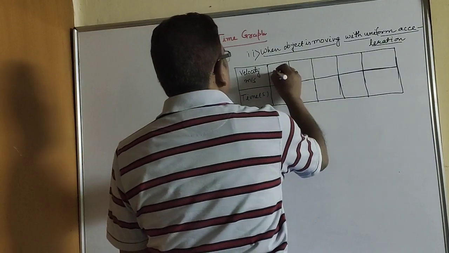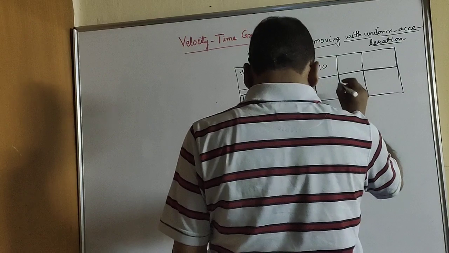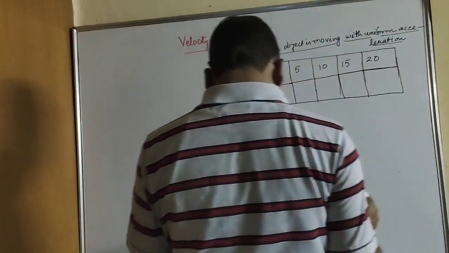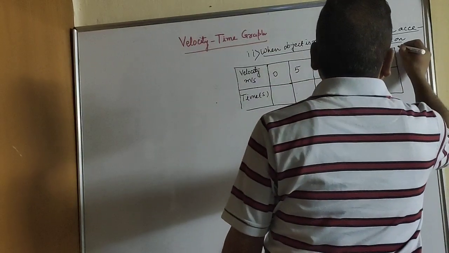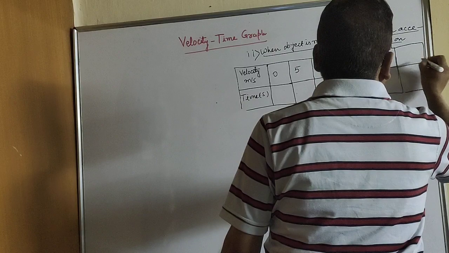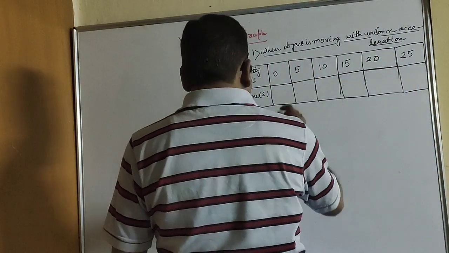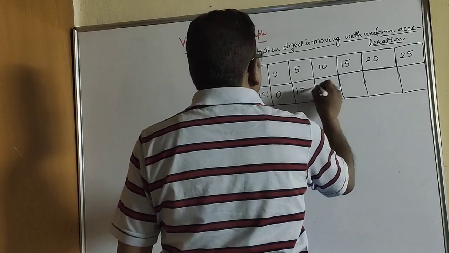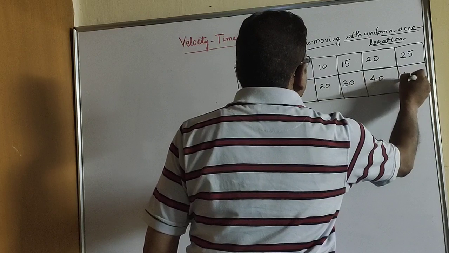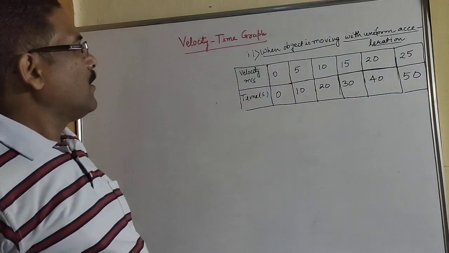So when the velocities are 0, 5, 10, 15, 20, 25 like this, and time we have taken 0, 10, 20, 30, 40, 50 like this.